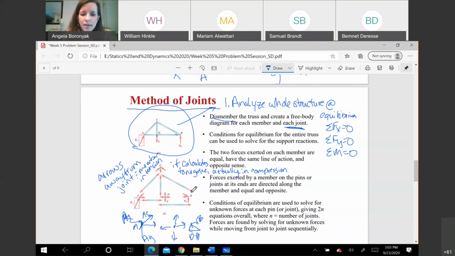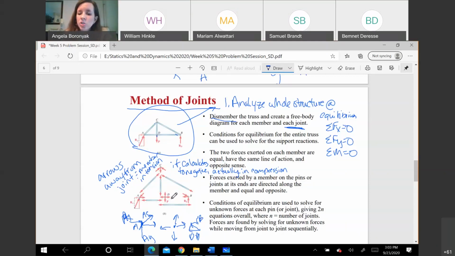If you do the reverse, like they did with member BC here, where they drew a reaction force acting on that joint B, then it meant you were assuming this was in compression. That meant your member here had to have an equal and opposite reaction on the member. So if it was pushing on B, it was also pushing in on that member, and that would be in compression. I like to assume the default of tension because I'm used to it with cables, and then work from there.